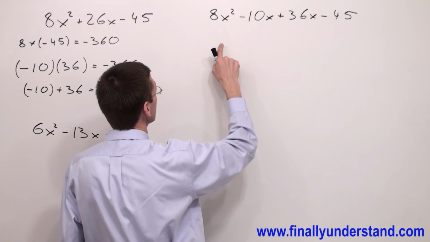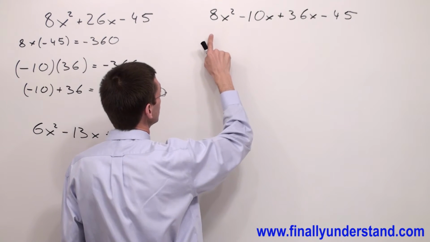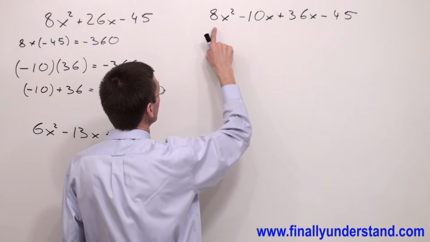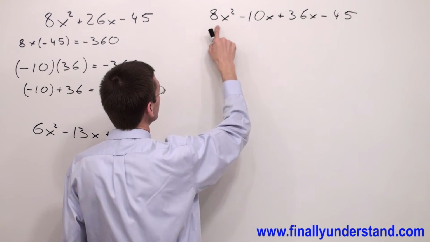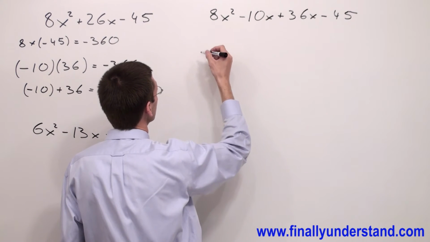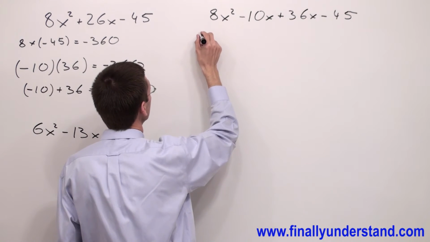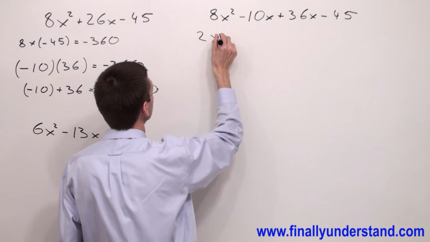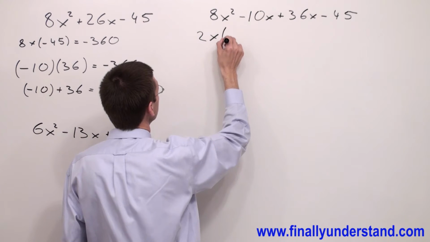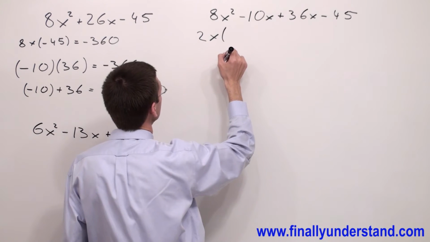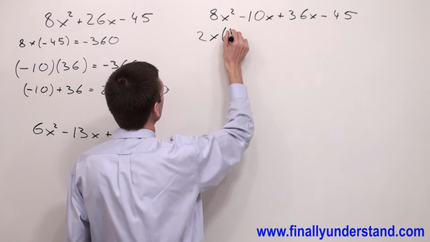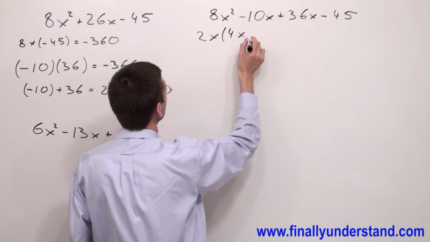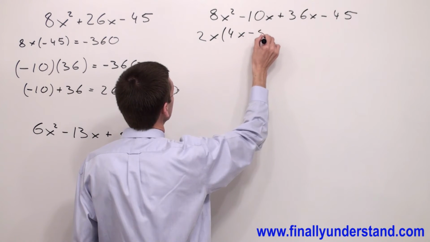Let's take a look at what we can factorize from these terms. From these two terms, the greatest common factor is going to be 2x. And inside of the parentheses, I'm going to stay with 4x minus 5.